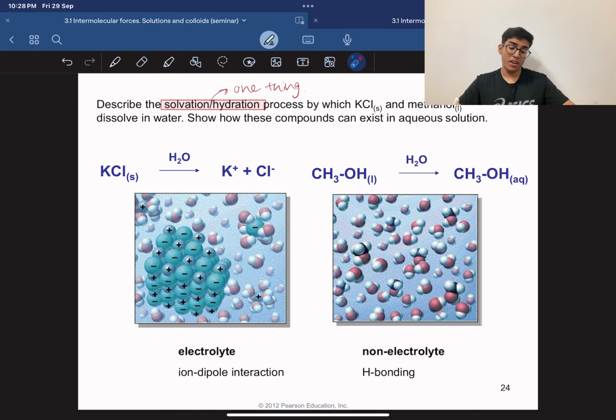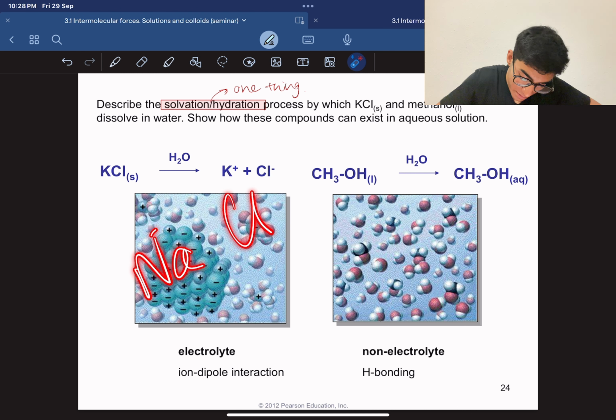Solvation, hydration. What happens when you dissolve salt in water? NaCl, table salt. You dissolve it in water. What happens? Why does it dissolve like that? NaCl splits into Na plus and Cl minus.